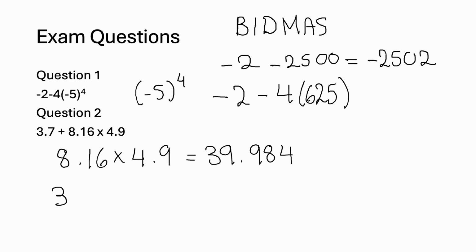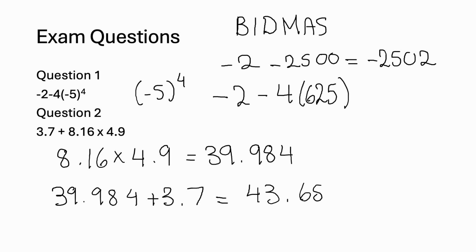Then we need to do 39.984 add 3.7, which we get an answer of 43.684.